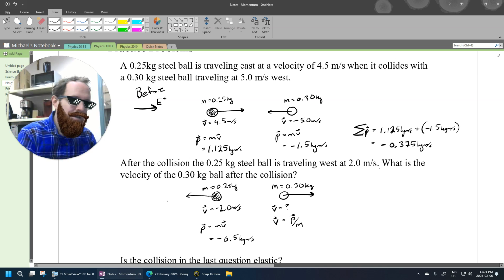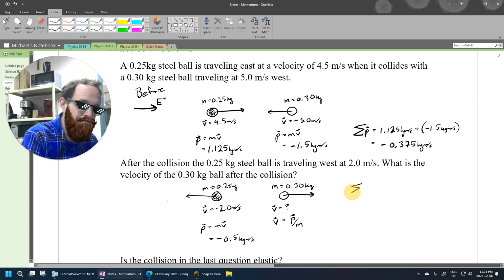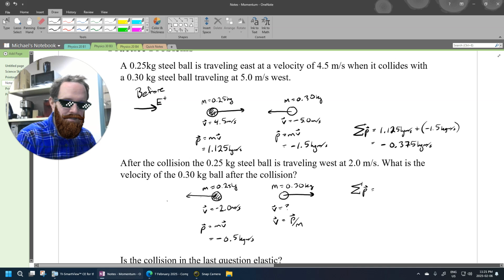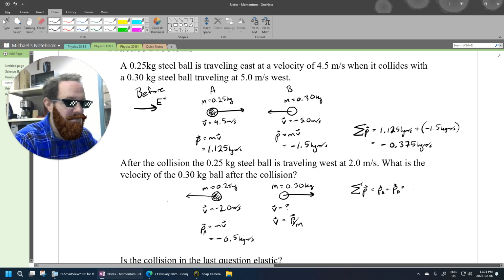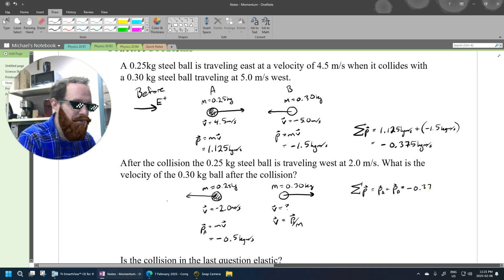So what I know is that if I add all the momentums up afterwards, let's call the first ball A and the second ball B. If I add A and B together, I need to get the same momentum from before, which is negative 0.375.